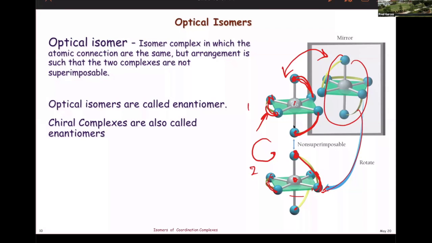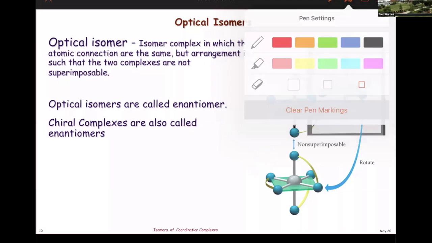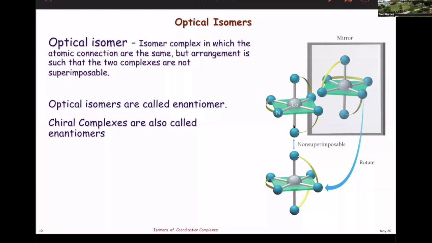It's very difficult to do virtually, but if you had a model, you would find that when you rotate this 90 degrees so that these two line up, this one comes out of alignment. So they're not superimposable.